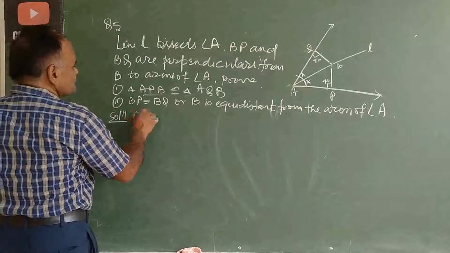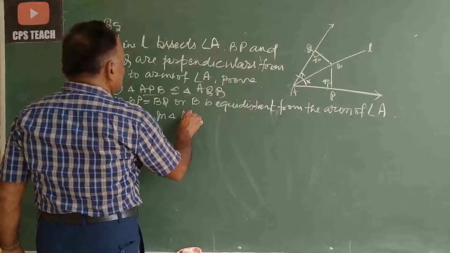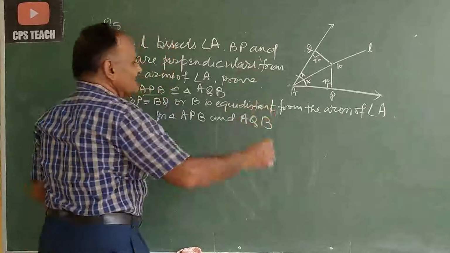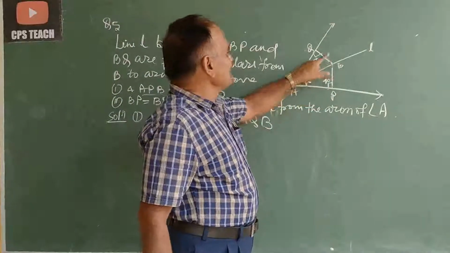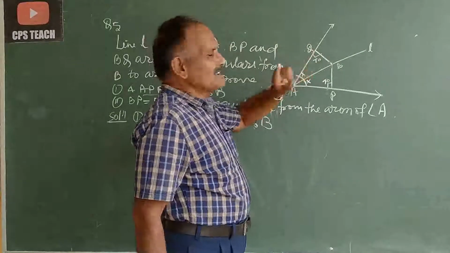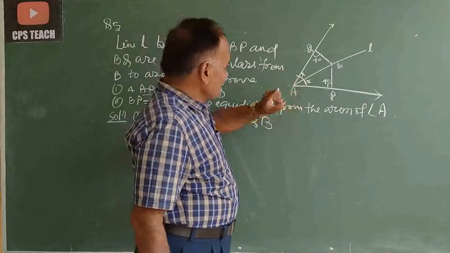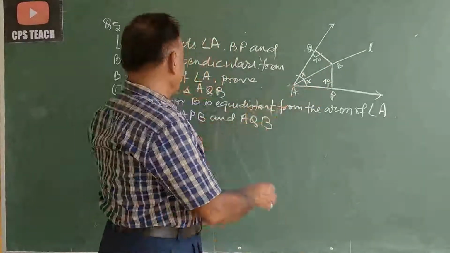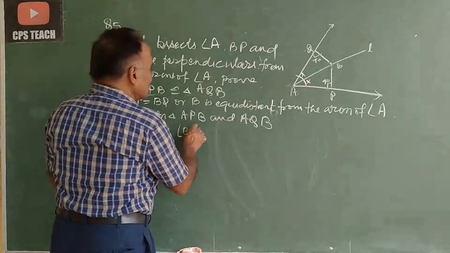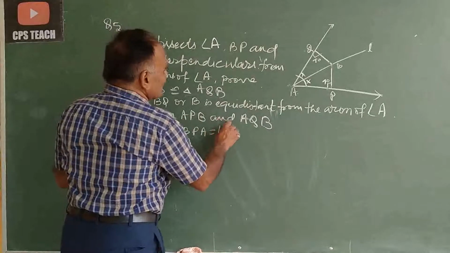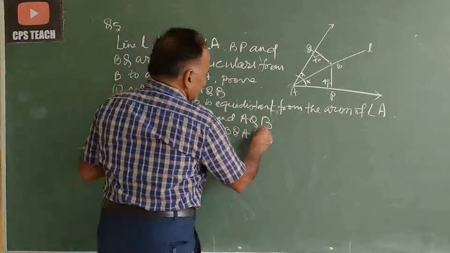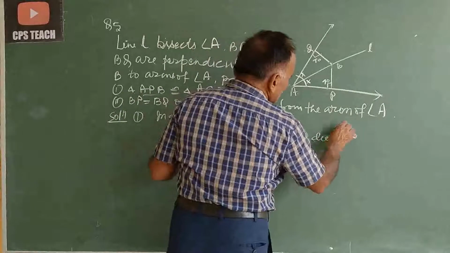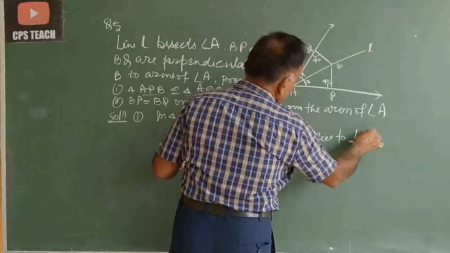Proof. Solution first. In triangles APB and AQB, see here. Angle BPA is equal to angle BQA, each 90 degrees. क्यों? तो due to perpendiculars.